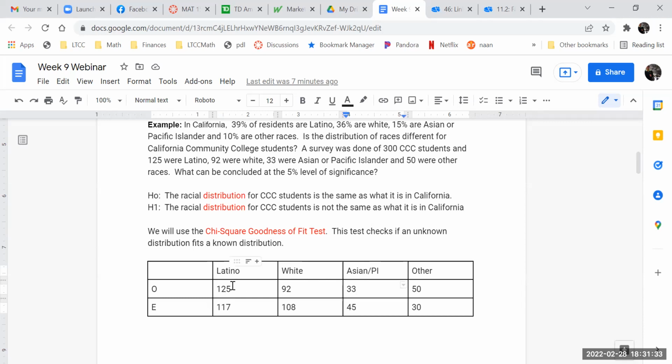What we can do is go to a computer and ask the computer to tell us whether that variation is a typical variation you would get with a sample size of 300, or is that so far from what you would normally get that we're going to say that things really are different.